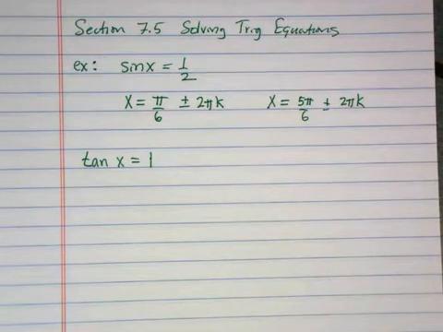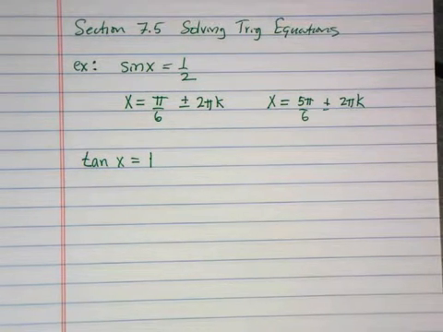Where's the next answer going to be? I would add pi. Why would I just add pi? So the next one, if this is pi over 4, I add pi. The next one is at 5 pi over 4, which is in which quadrant?